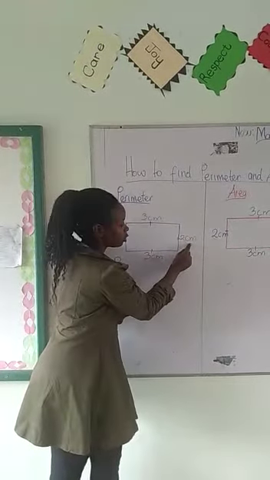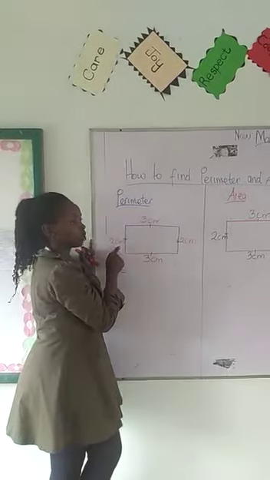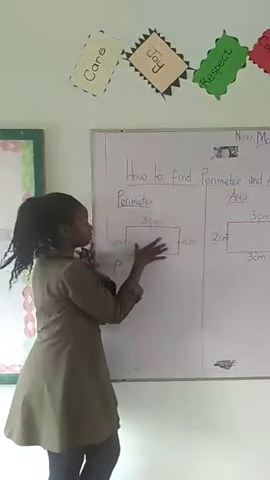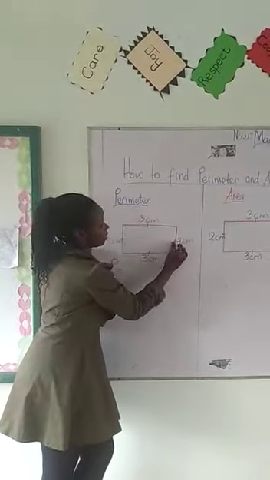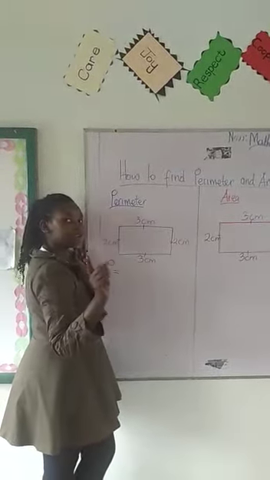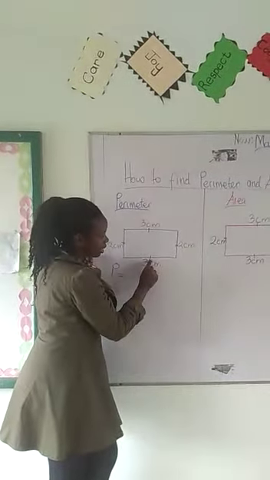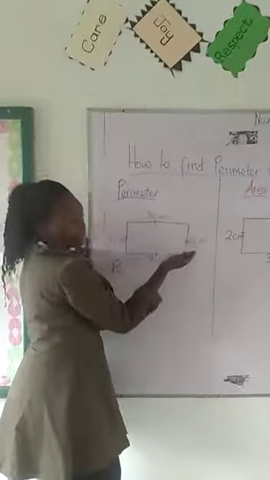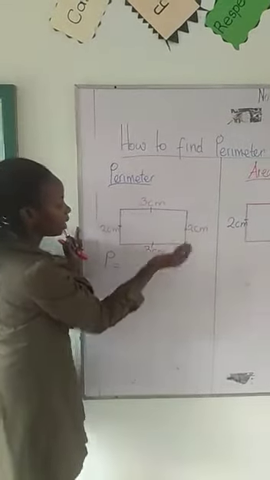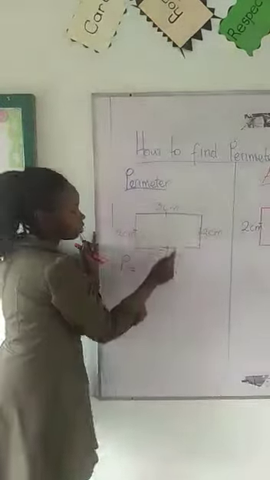The shorter side is 2 centimeters, and also the shorter side on this side is 2 centimeters, because they are equal. That's why they have these signs showing these are equal. I've differentiated these lines. This one is 1 and 1, and I've used 2, 2. I would have even used 3, 3 or 1, 1, but this means this side is equal to this and this side is equal to this.